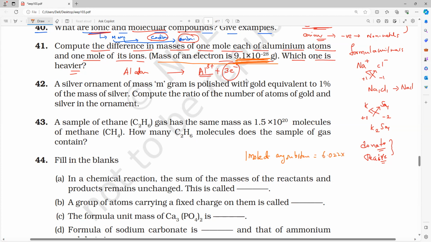What is that number? 6.022 into 10 power 23. Whatever the substance, 6.022 into 10 power 23 it is. That is what you have to remember.